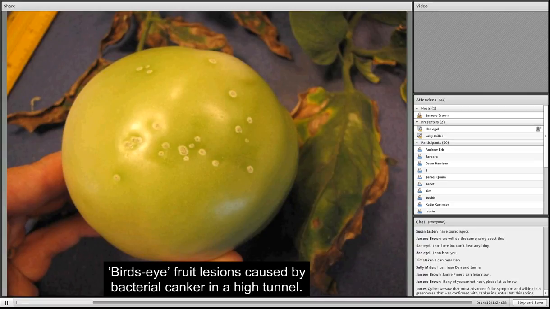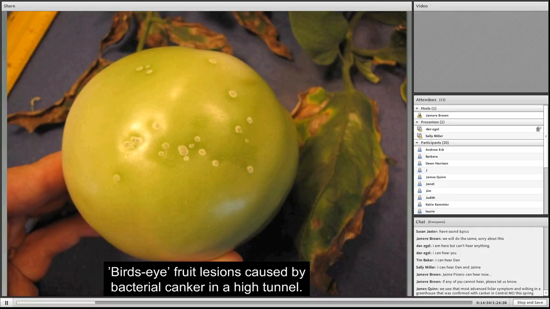But the bird's eye symptom on the fruit is very typical. I don't always see fruit symptoms, but when I do, this really stands out. So you have what they call bird's eye, because you see almost like the whites of the eye, kind of a ghost-like area around a darker discolored area in the center, so it looks like an eye type symptom.